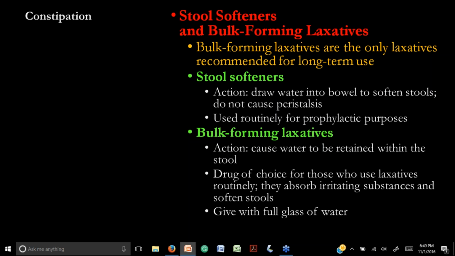All right, so let's keep going. We have the stool softeners and the bulk forming laxatives. You're going to use stool softeners when the patient is taking some medication that probably is going to make him constipated.